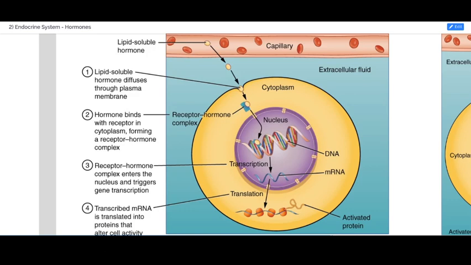It might be taking place in the nucleus or in the cytoplasm. It sort of depends on the type of hormone, but that's what we'd see. And then it will move most likely into the nucleus, where it binds with the DNA and directly affects the transcription of genes, and therefore the translation of proteins as a result.